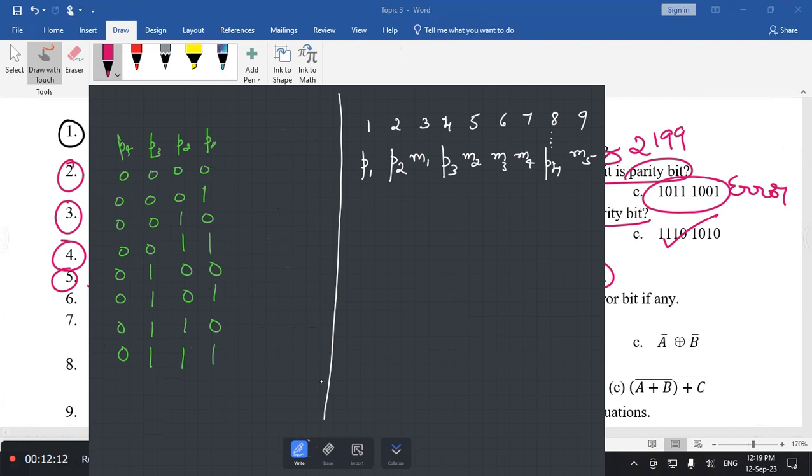Do you need to write all 16? Not required. Your possible combinations are 16, but it's not required. Only till 9 you write. Now next will be 1000, right? Next will be 1001. See, you have only 9 numbers there, right? 1, 2, 3, 4, 5, 6, 7, 8, 9.